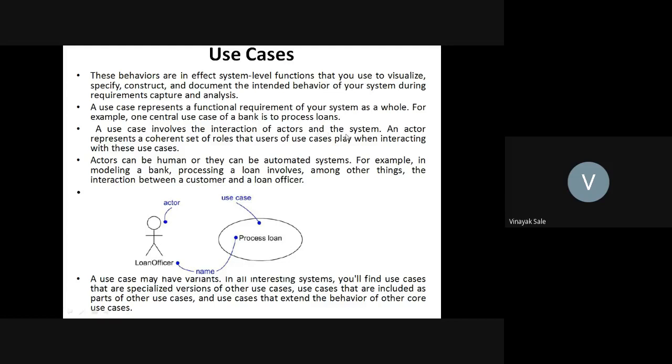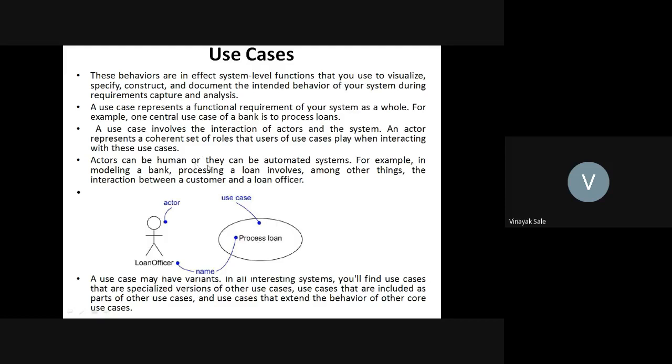An actor represents a coherent set of roles. So an actor may play different roles, maybe sometimes as a customer, sometimes as a manager, sometimes as a developer, sometimes as a user. So an actor represents a coherent set of roles that users of use cases play when interacting with these use cases.